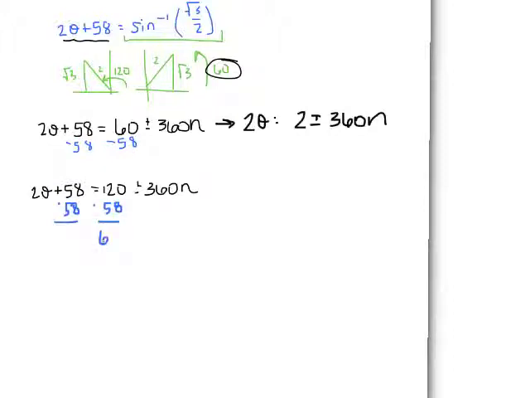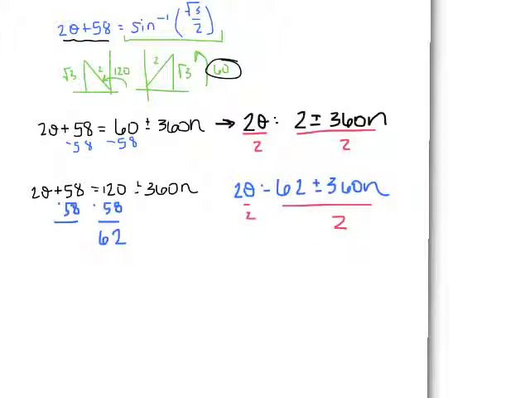So that makes 62. So 2 theta equals 62 plus or minus 360n. And then my final step will be to divide this side by 2 and here as well. So I end up, final answer, theta equals 1 plus or minus 180n and 31 plus or minus 180n.